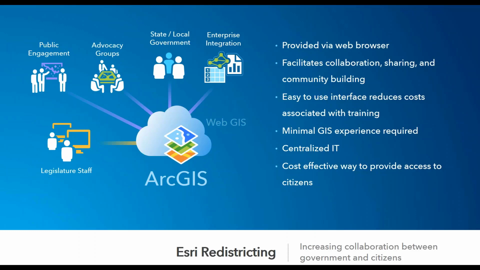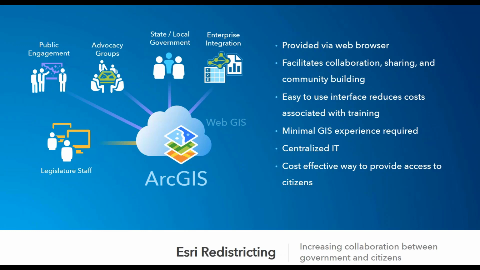When we say this is based on the ArcGIS platform, that's a huge way that you can start to collaborate between your redistricting applications and software that you have deployed and your existing ArcGIS and Esri applications and platform. Since this is going to be through the web browser, there will be no applications that need to be downloaded, which means easier collaboration with the public and with members of the staff.